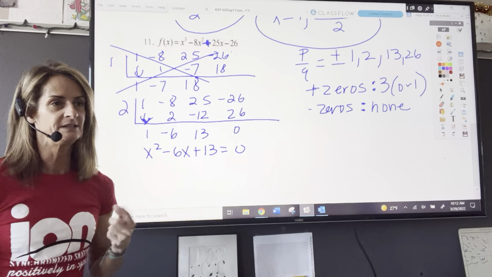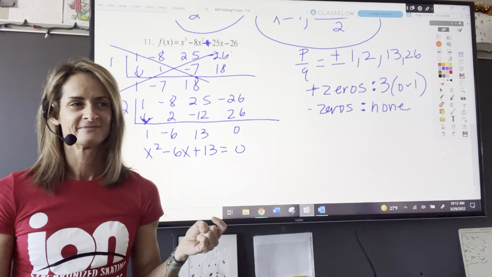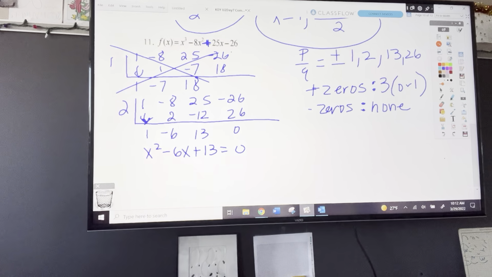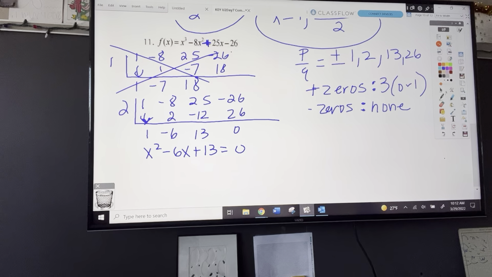So now what do we have to do? It didn't factor. Where do we go? Quadratic formula. Boom. Negative b plus or minus the square root of b squared. Anytime b is negative and you're squaring it, it's going to be positive. b squared minus 4 times a, which is 1, times c, which is 13, all over 2a, and a is 1, so I'll just put a 2 there.